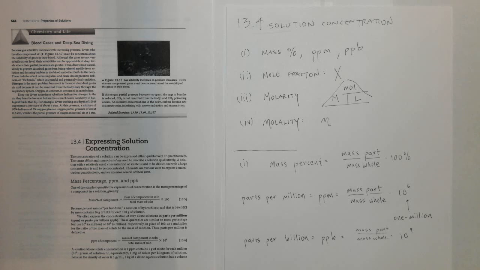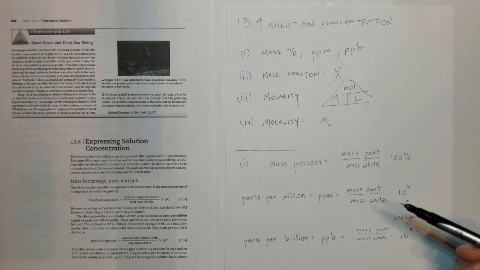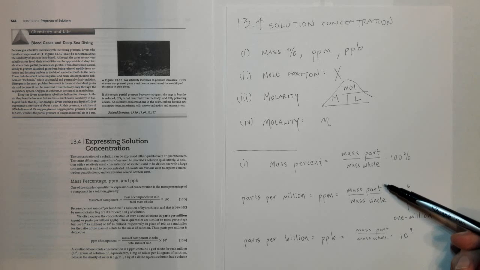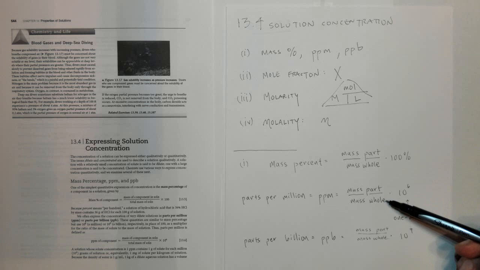A solution whose concentration is 1 part per million contains 1 gram of solute for every 1 million grams of solution, and 1 milligram of solute per kilogram of solution would be another way to say this.